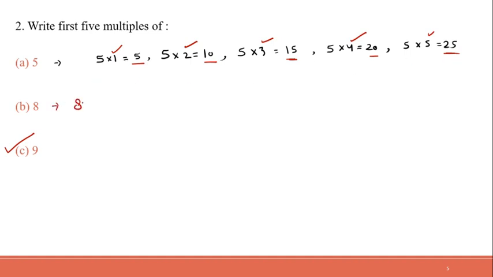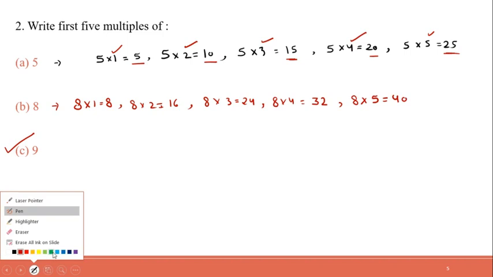Now come to this one. 8 into 1, 8. 8 into 2, 16. 8 into 3, 24. 8 into 4 is 32. Then 8 into 5 is 40.